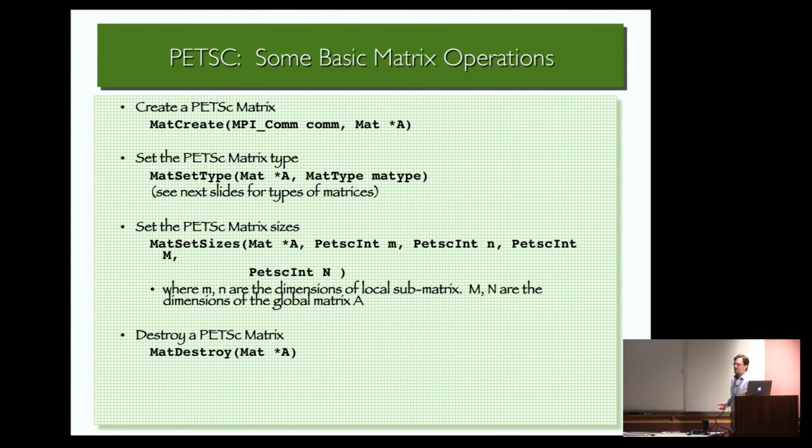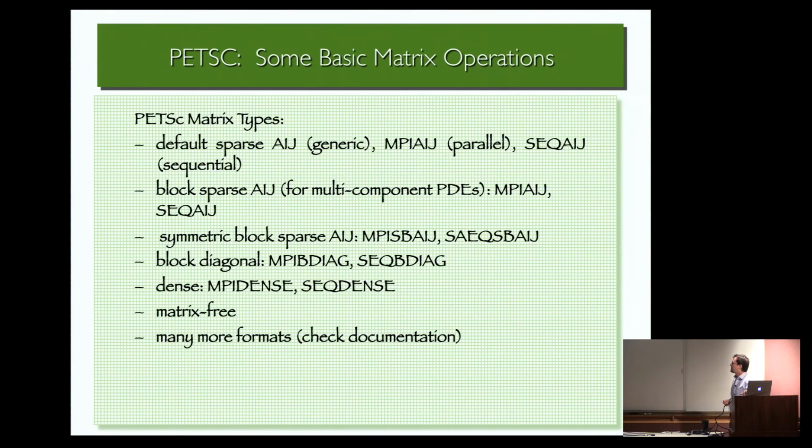I'm just going to move ahead. Similar things for the matrix creation and destruction, describing the dimensions of your local submatrix and where it embeds in the overall matrix that you've described when you create your matrix.